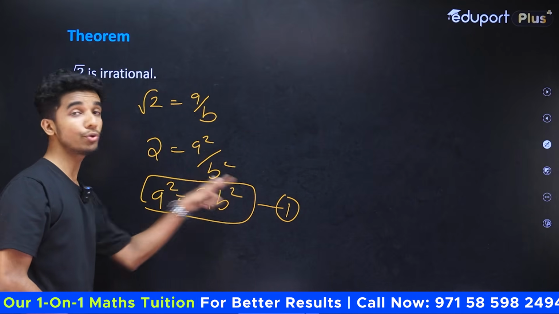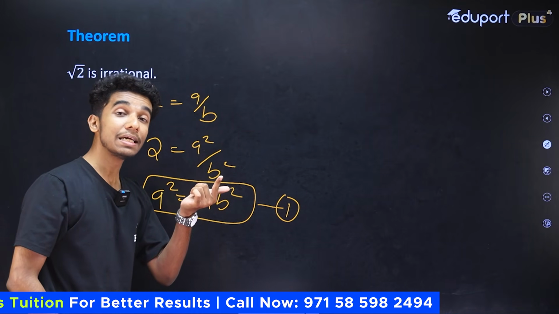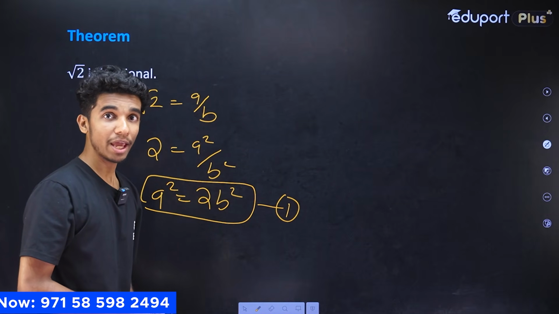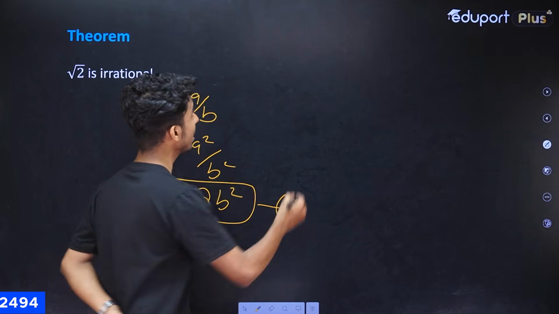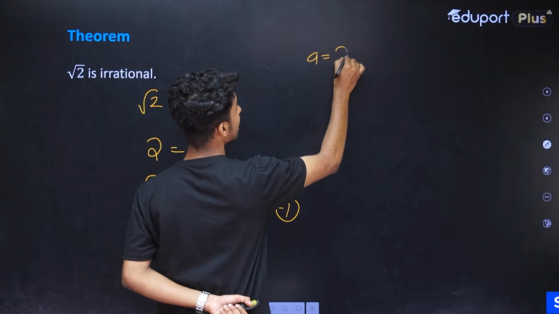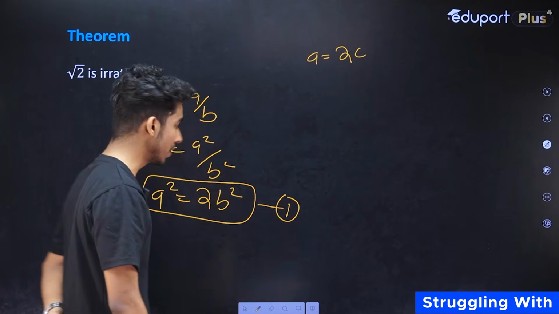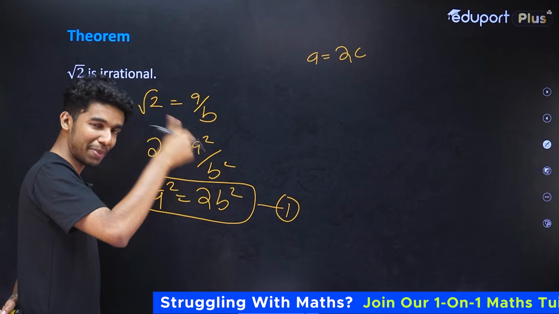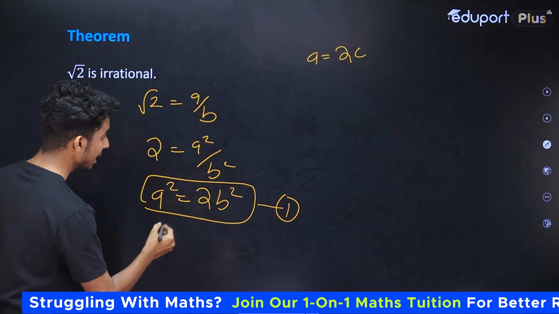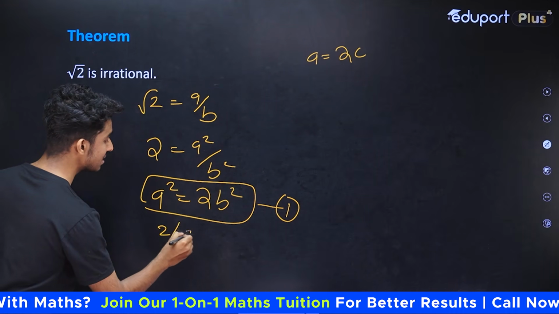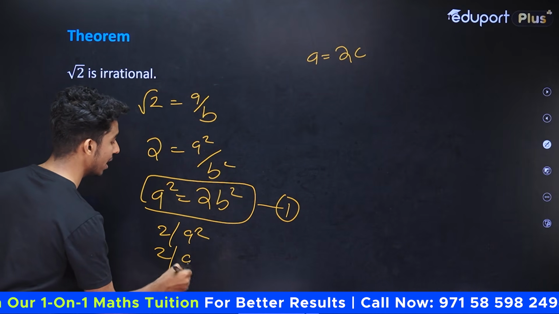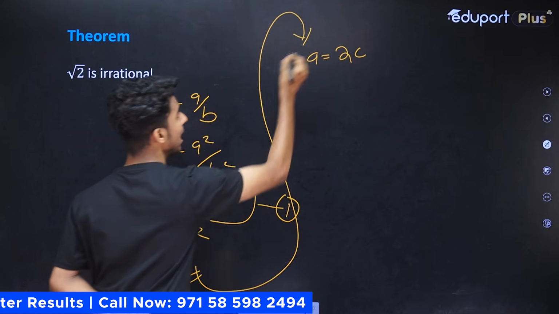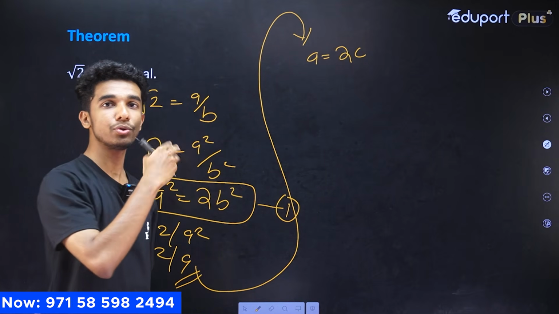From here, A square is written as 2 into B square, some product of 2 into something, which means 2 divides A square. As we know from the theorem in the previous part of the chapter, if 2 divides A square, 2 will also divide A. So we can say that A can be written as some number into 2.